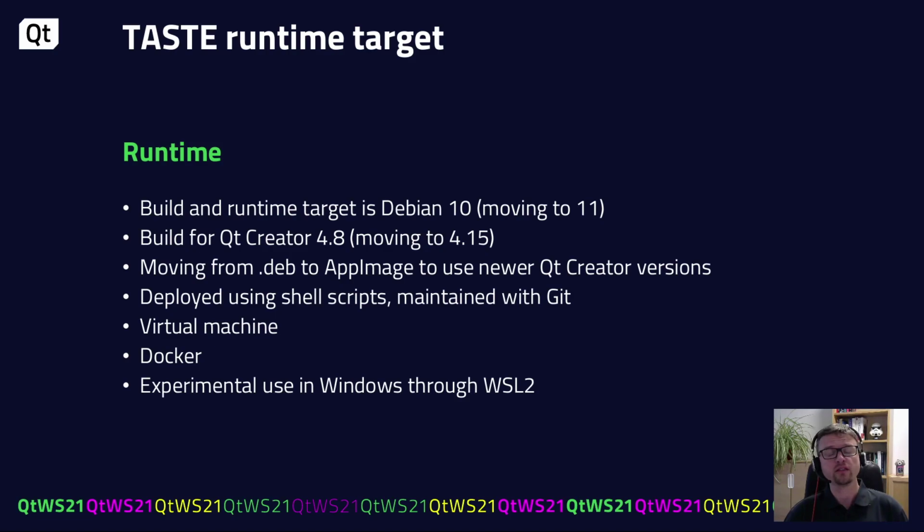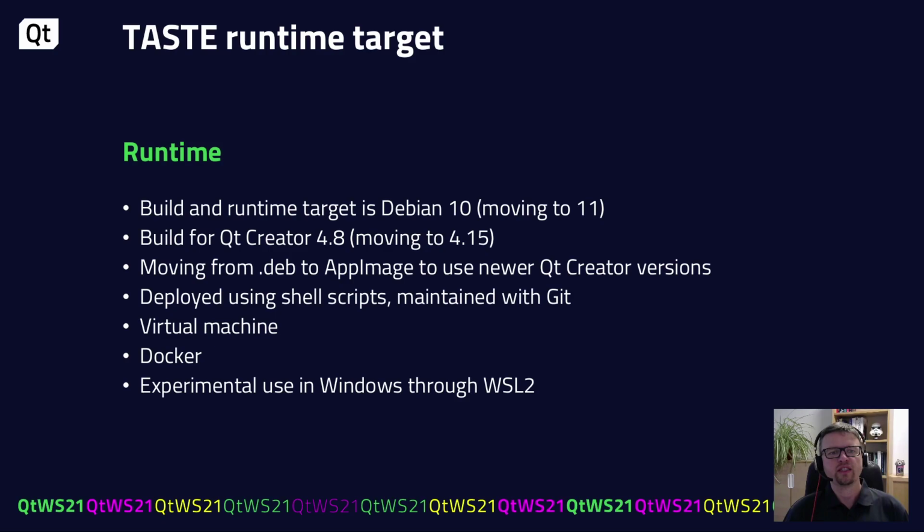So the whole QtCreator is inside of an AppImage, including the SpaceCreator plugin and all the other stuff that is needed. Not the whole TASTE, only QtCreator. And it is quite big, but now any version of QtCreator and Qt can be used. And it's not fixed to Debian or even Debian 10, but other Linux distributions can be used as well.